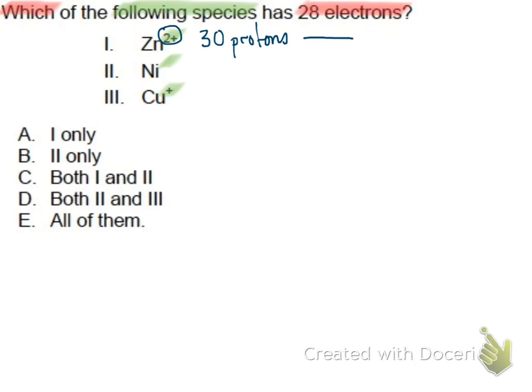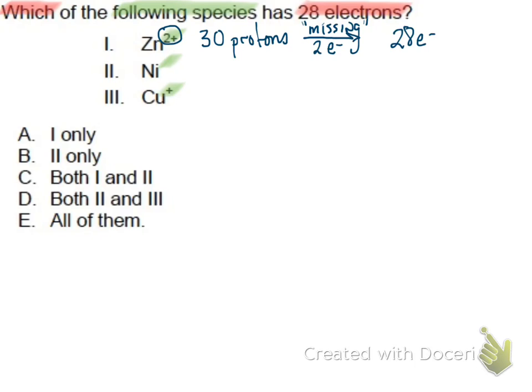What that means is that we're going to have 2 less electrons than protons. That's what the 2+ charge means. So let's call that missing two electrons. And if we're missing 2 electrons, our total number of electrons must be 28 electrons. So that's at least a correct answer to this problem.